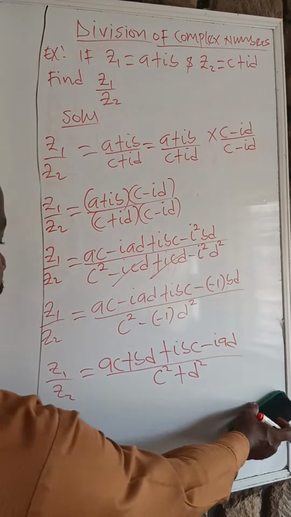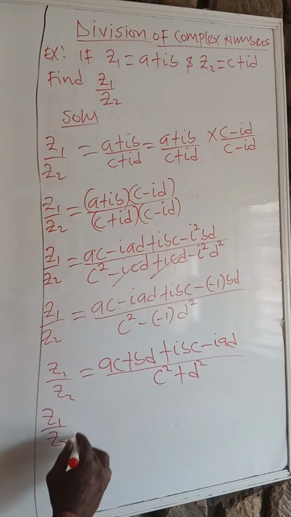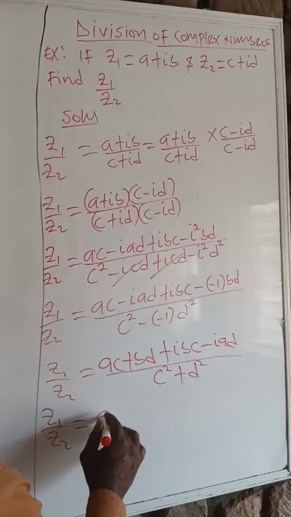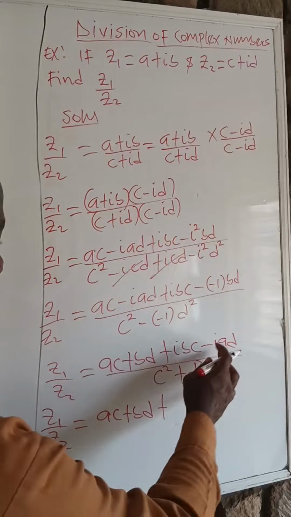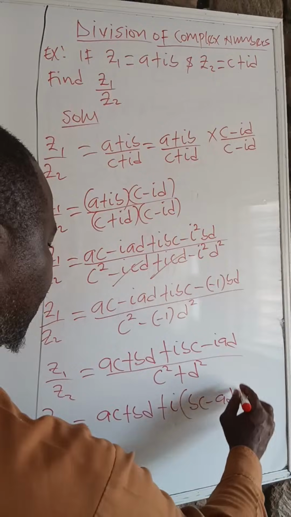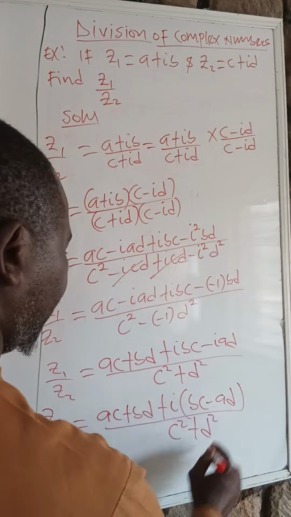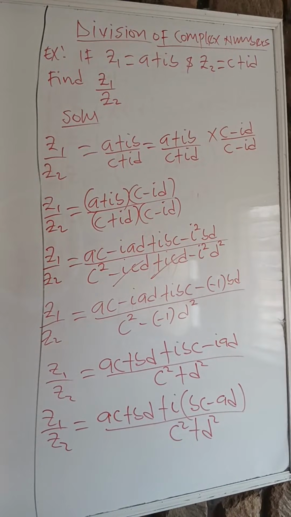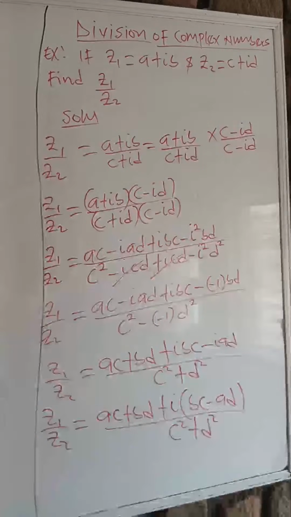Can you see now? So far so good. Our Z1 over Z2 is equal to AC plus BD plus I is common, we can factor it out, BC minus AD, all over C squared plus D squared. And this is the final answer. Look at it again and again. This is the final answer.